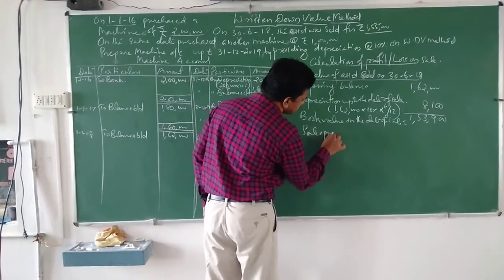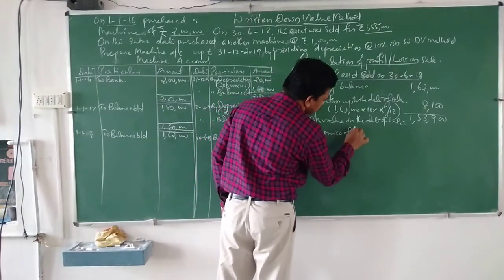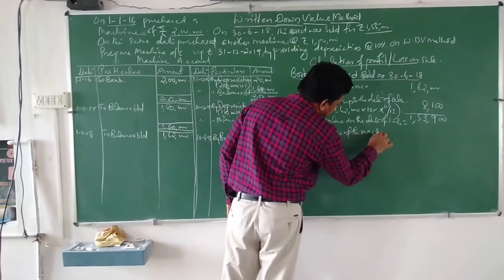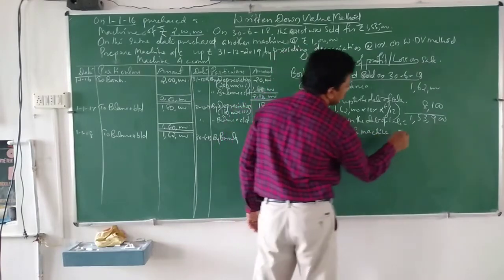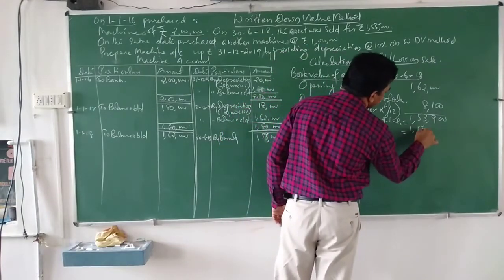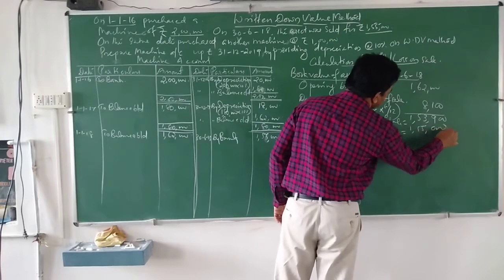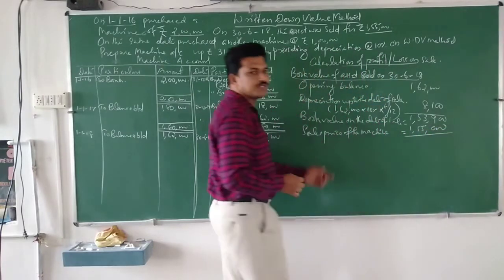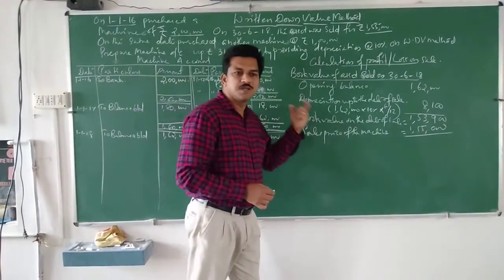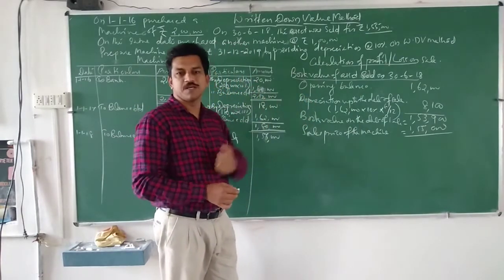Sale price of the machine is equal to 1,55,000. So the 1,55,000 is the what? Sale price of the machine.